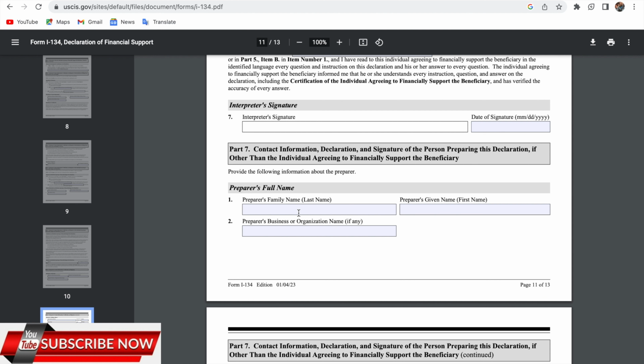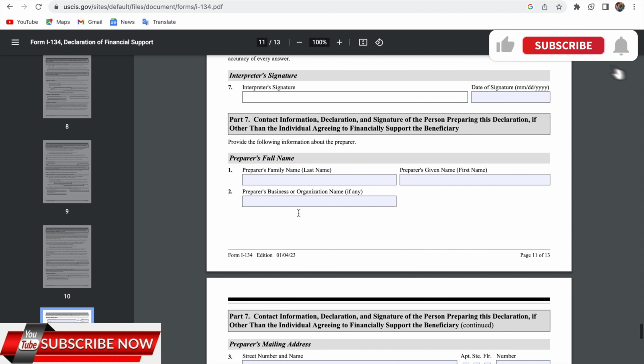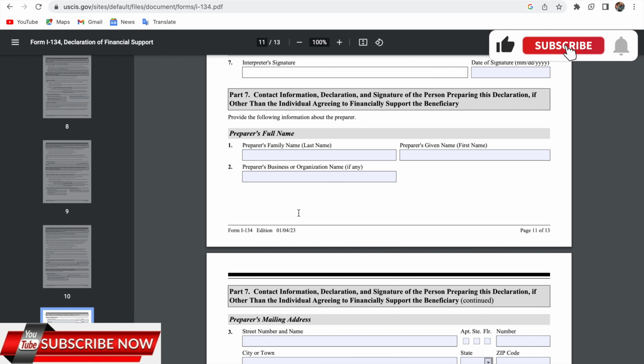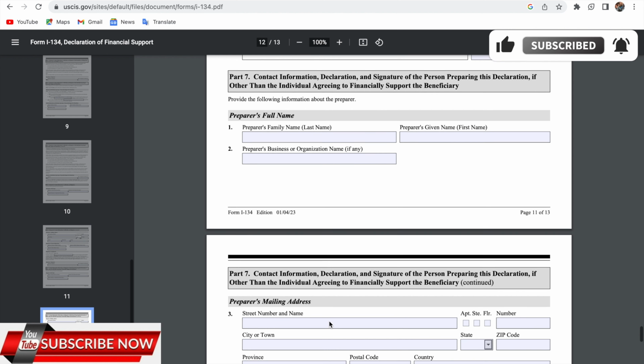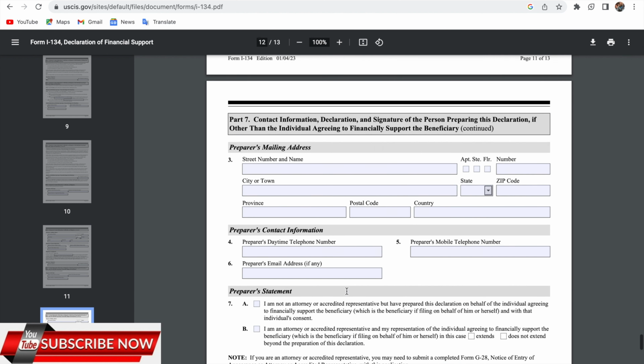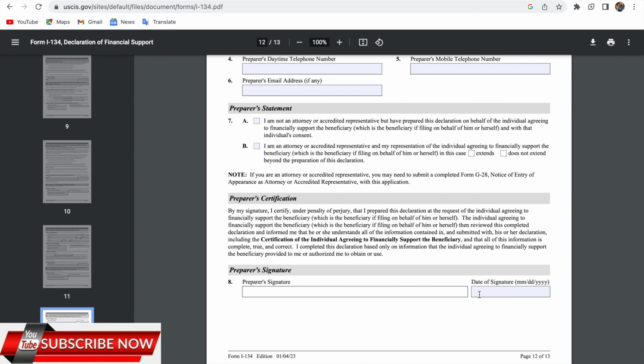But if the sponsor is the one that prepared the form, then you don't have to fill it. If you went to a third party, the person puts in their information over here, and they sign and date.